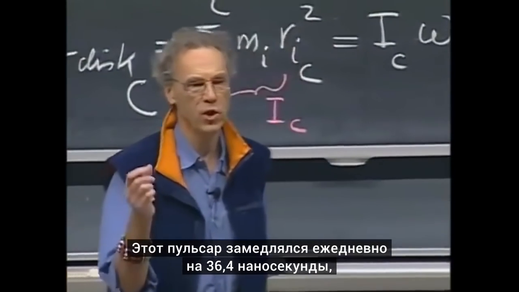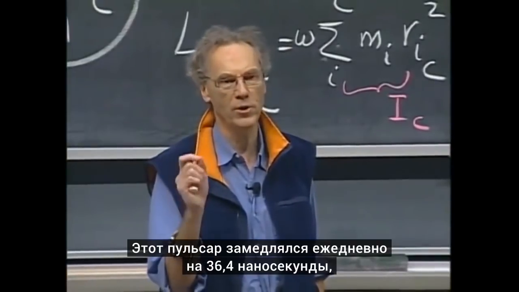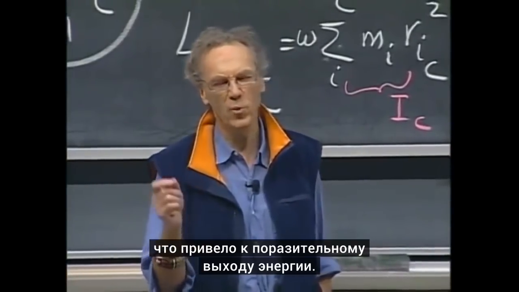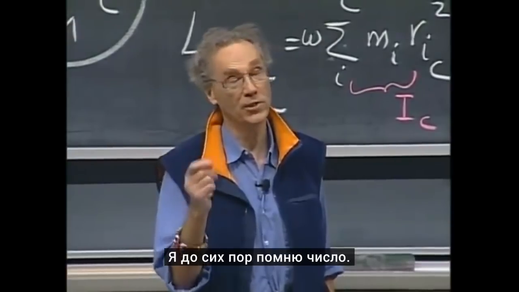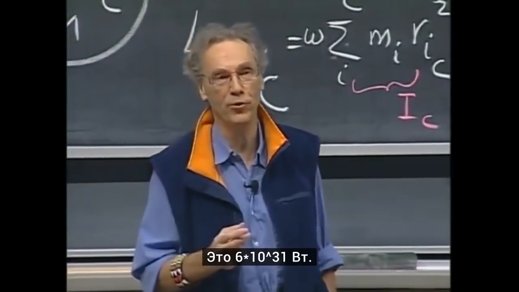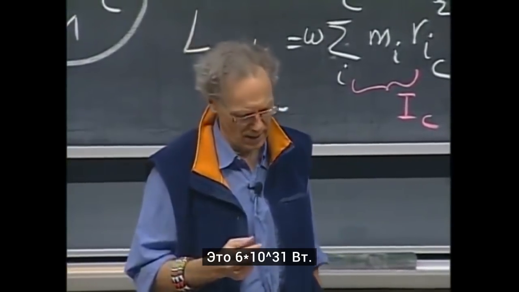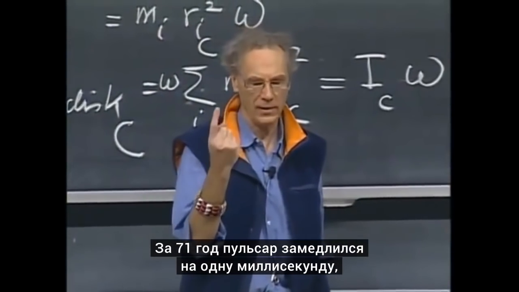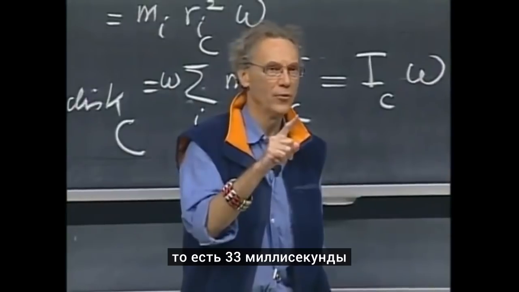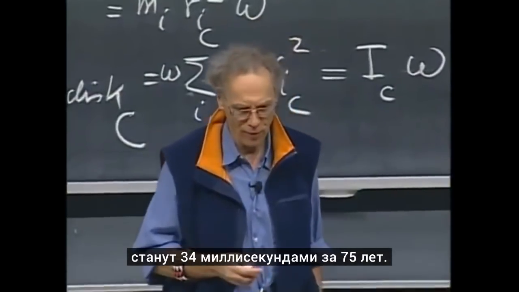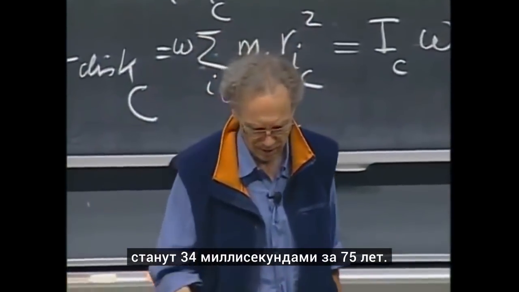The Crab pulsar was slowing down every day 36.4 nanoseconds, which led to a staggering power output. I still remember the number, I think 6 times 10 to the 31 watts. In 75 years, the pulsar slows down by 1 millisecond. So the 33 milliseconds would become 34 milliseconds in 75 years.